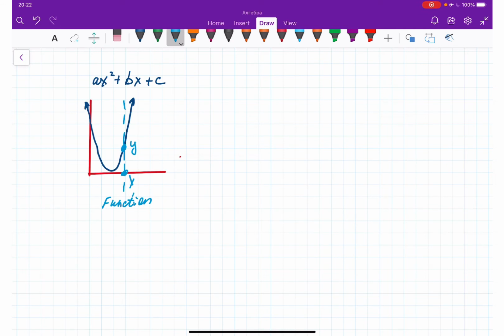Which means anywhere on this parabola, if I provide a vertical line, it's going to cross in one point only.